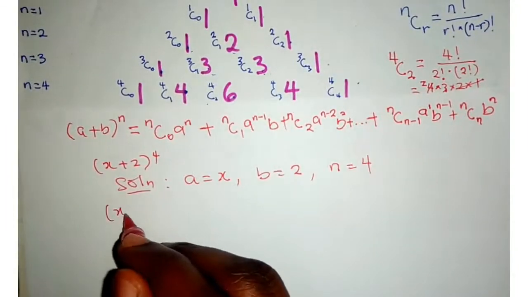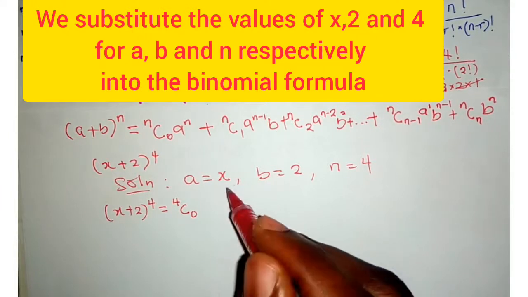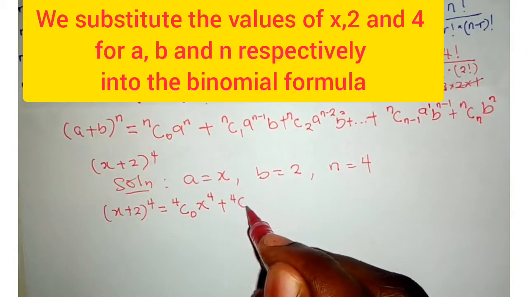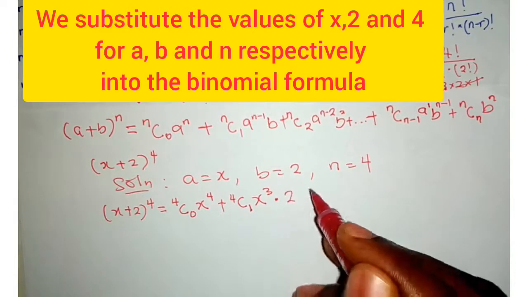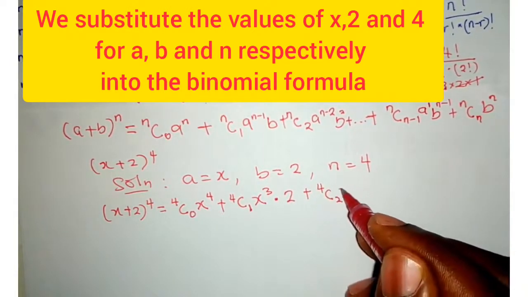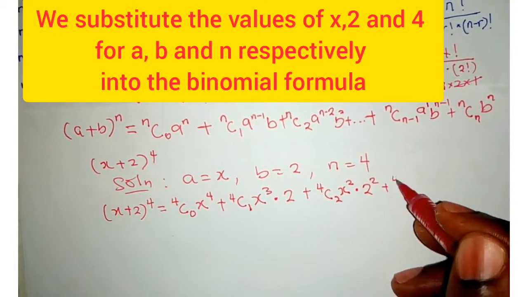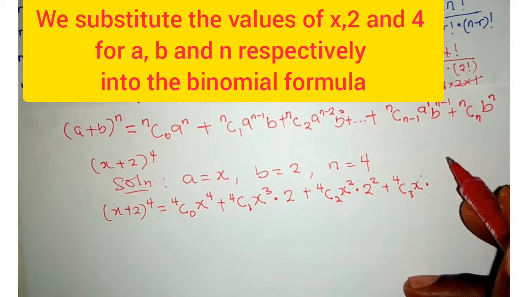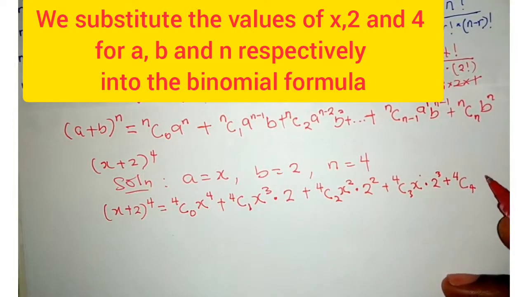So by the binomial theorem, we have (x plus 2) to the power of 4 equals 4 combination 0, x to the power of 4, plus 4 choose 1, x to the power of 4 minus 1, that's 3, times b, which is 2, plus 4 combination 2, x raised to the power of 4 minus 2, that's 2, times b squared, that's 2 squared, plus 4 combination 3, x to the power of 4 minus 3, that's 1, and then b to the power of 3, so that's 2 raised to power 3, plus 4 combination 4, and b is 2, that's 2 raised to the power of 4.